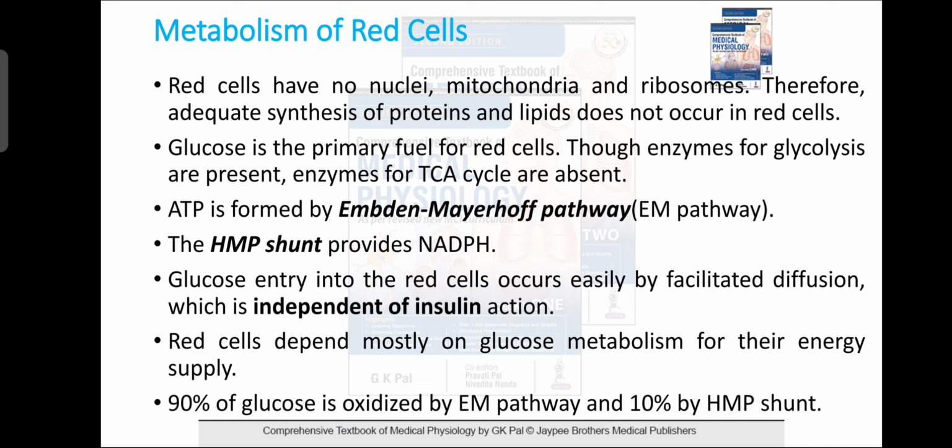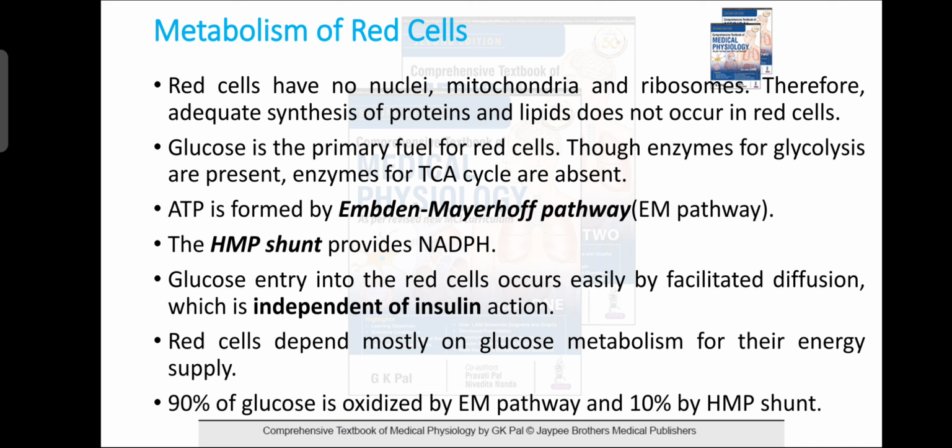Now, metabolism of the red blood cell, RBC metabolism. In the structure of RBC, there is no nucleus, mitochondria, and ribosomes. So adequate synthesis of proteins and lipids does not occur in the RBC. Glucose is the primary source of fuel for the cells.